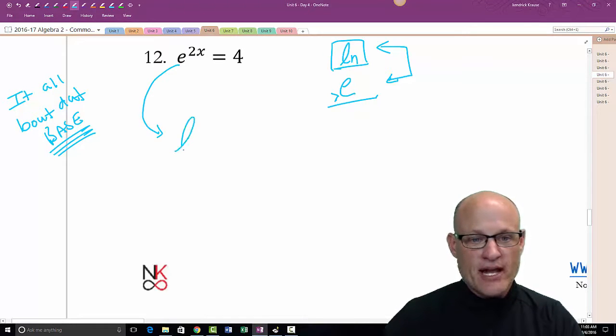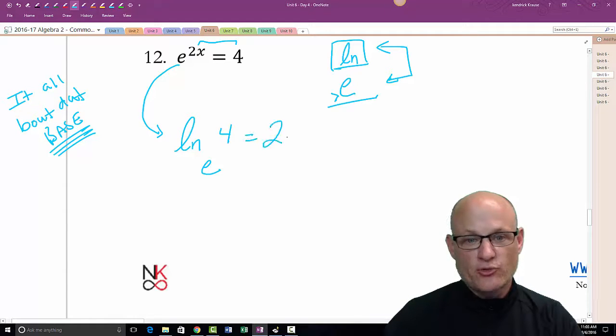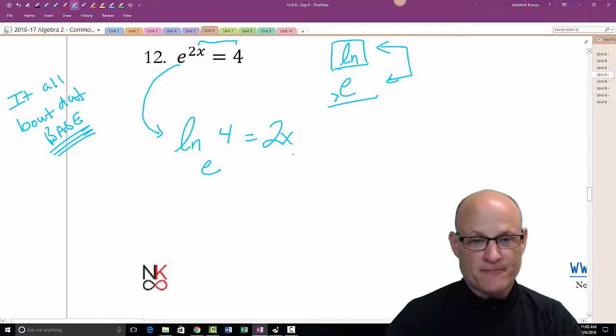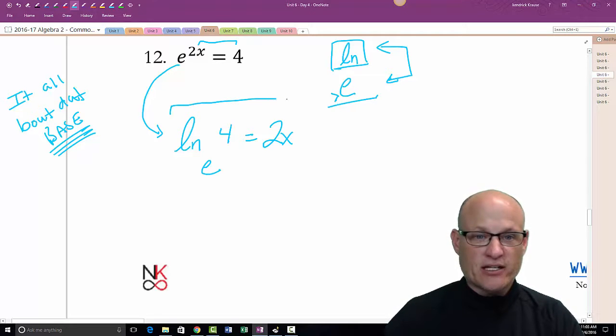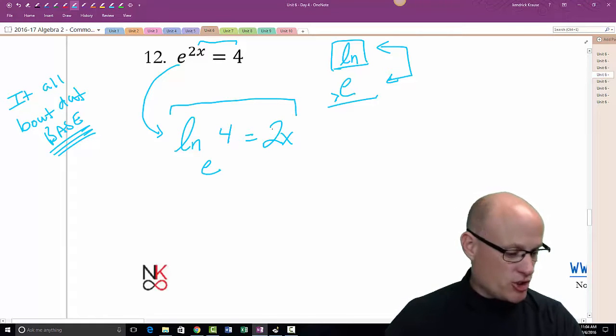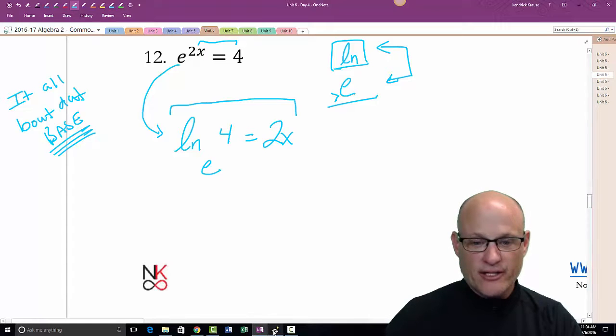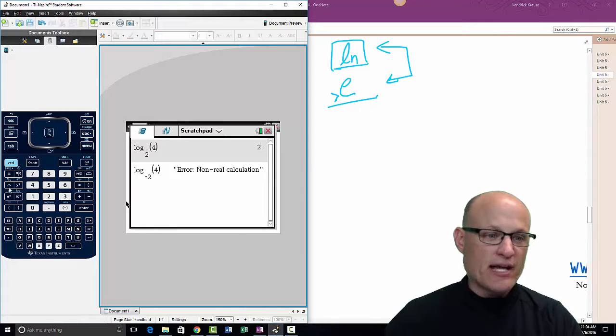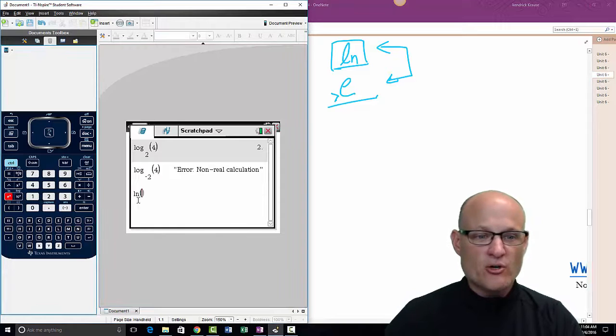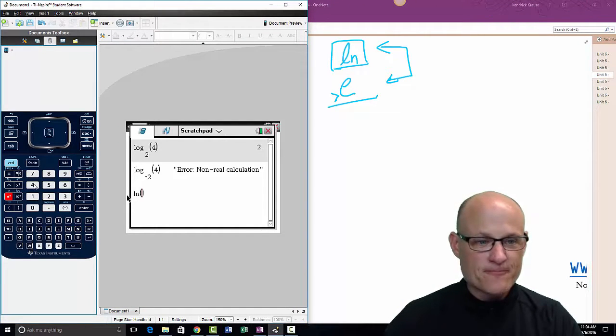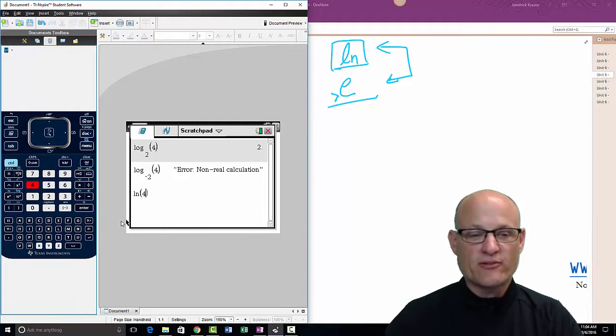I'm going to write the natural log, base E, and then these two things switch, of 4 equals 2x. Now I'm going to show you something. This is technically correct, but when you go to your calculator and you type in natural log, do you notice there's no space for the E?